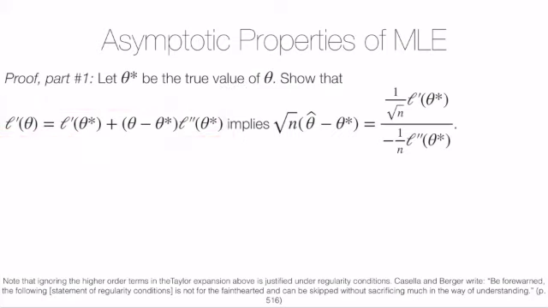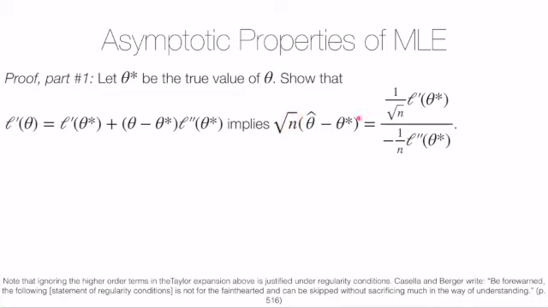And we want to show that if we have this equation here, which you can maybe identify as part of a Taylor expansion, then that implies this equation here on the right. Once we have this equation, you'll note that the left-hand side is the maximum likelihood estimator minus the true value times the square root of n.